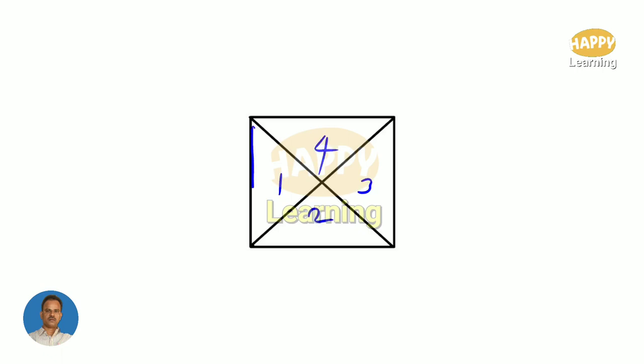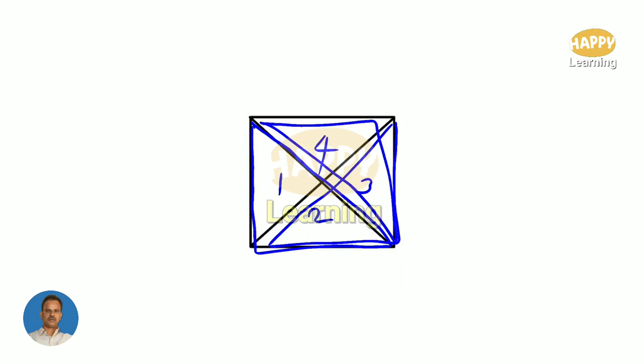Again here this is fifth triangle, here it is sixth triangle, here it is seventh triangle, here it is eighth triangle. Total 8 triangles are there. Instead of that, here you can follow the formula 4 into 2. Total 4 separate triangles are appearing. So 4 into 2 equal to 8.